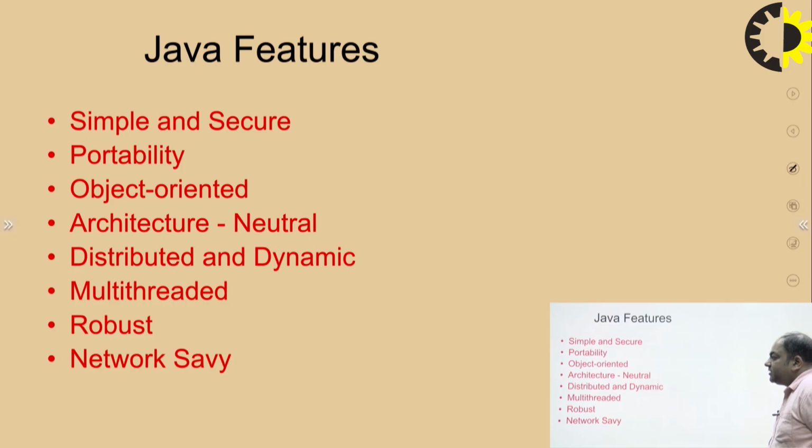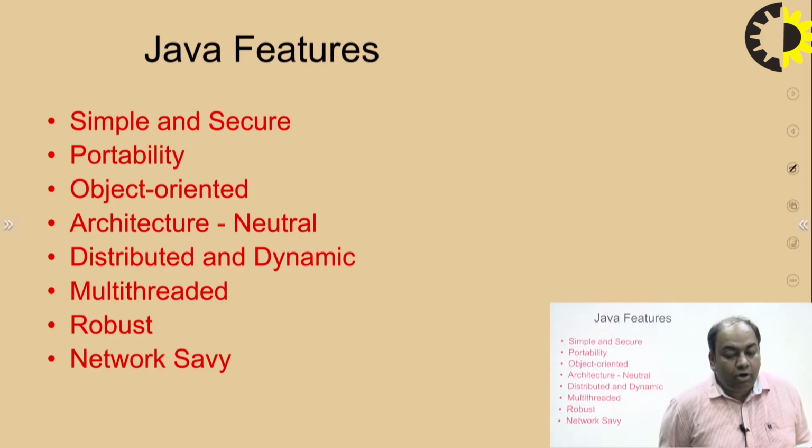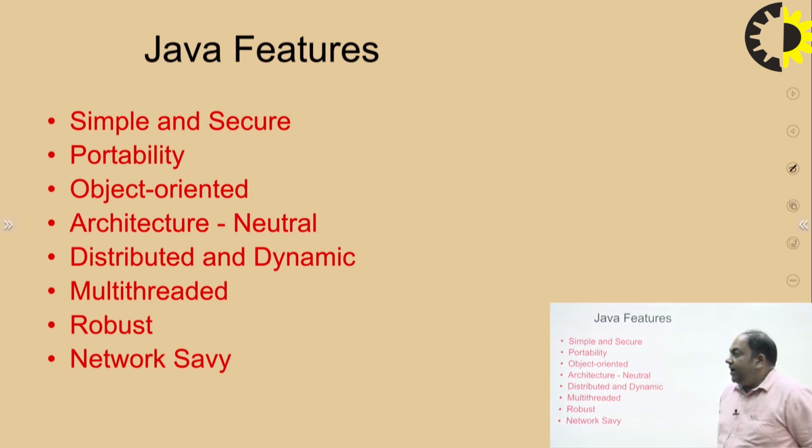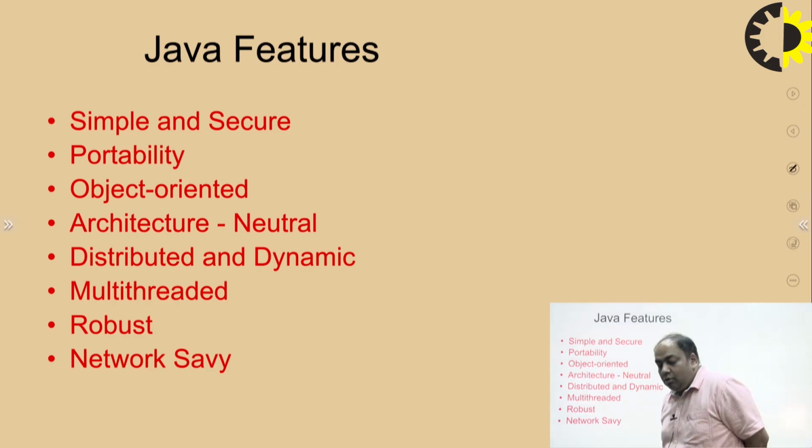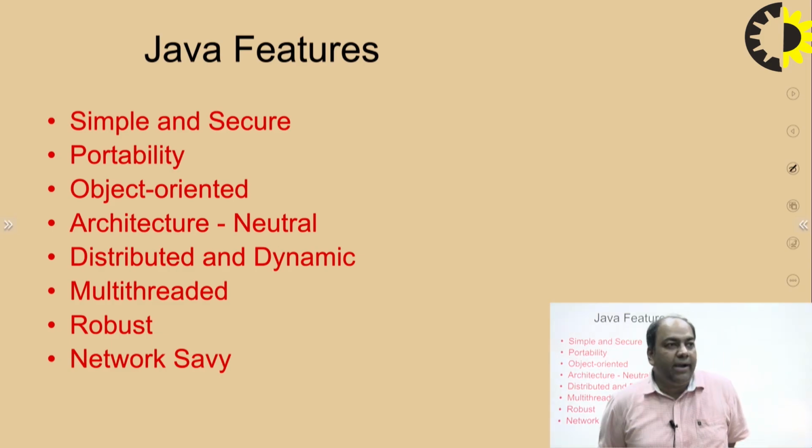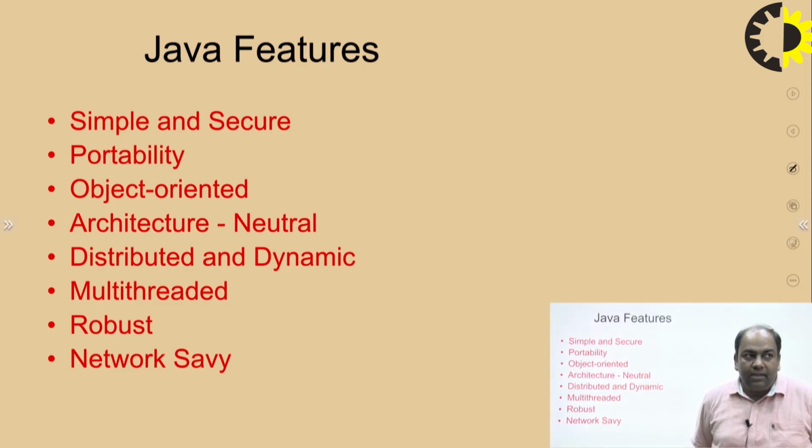Next is object oriented. What do you mean by object oriented? Basically, in object oriented programming we use classes, not functions. We create objects which can be used anywhere in the program, independent of their scope, as required in your programming.